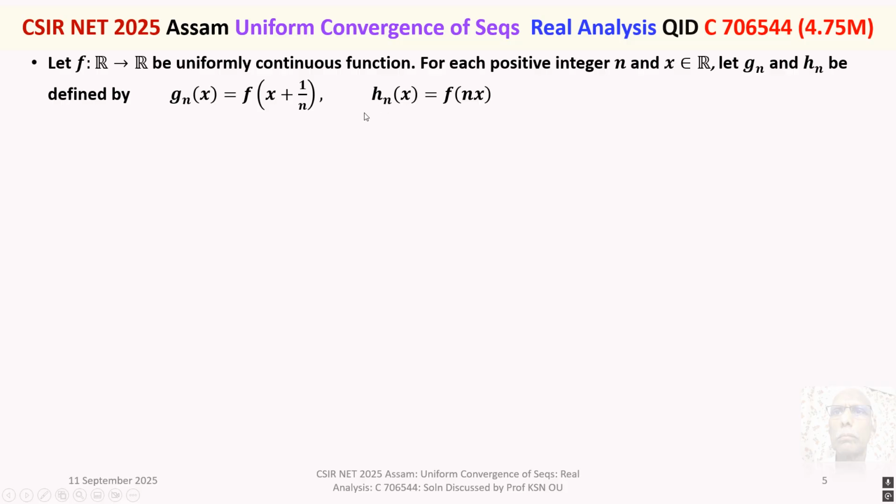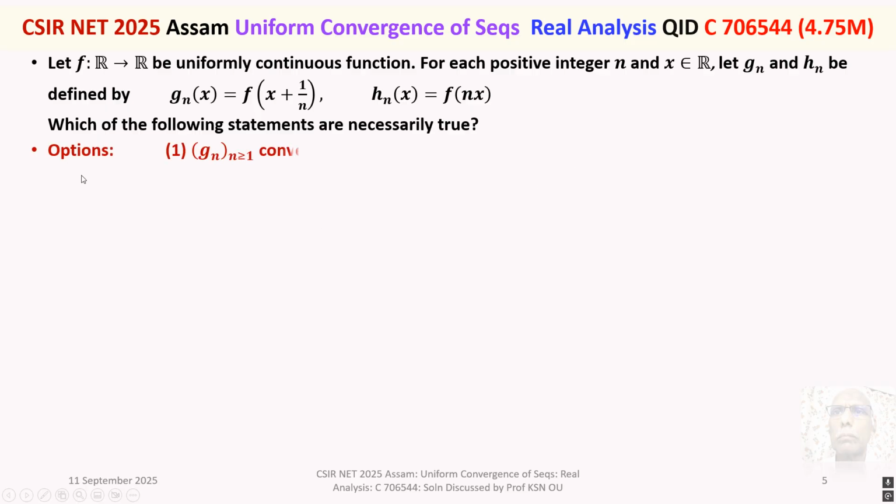Hn of x is equal to f of nx. Right. So, which of the following statements are necessarily true? By defining like this as above, we get a sequence of functions Gn, n greater than or equal to 1, and another sequence of functions Hn, n greater than or equal to 1. We are given four options.